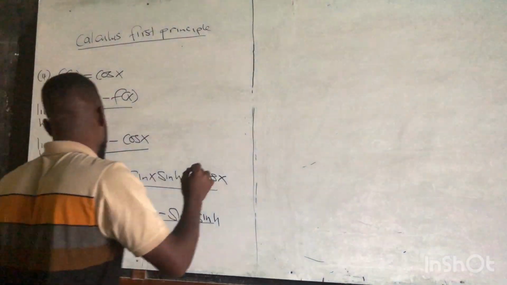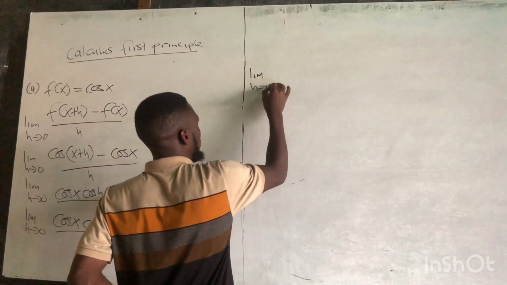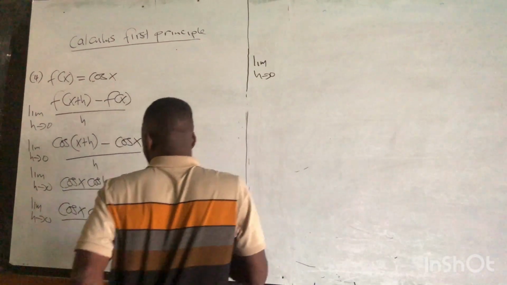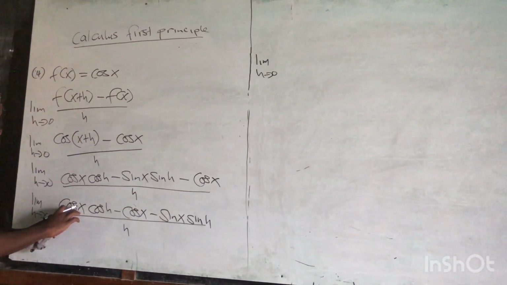So let's use this part. Limit as h approaches 0. From here we can factor out what is common, and we can see that cos x is common.